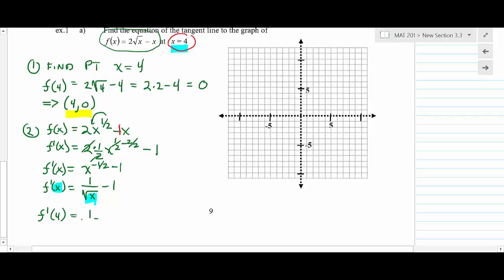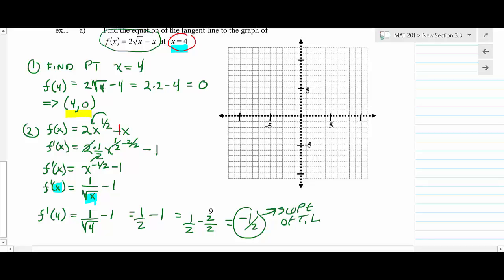So that's going to be 1 over square root of 4 minus 1. So that's 1/2 minus 1. You can get a common denominator, or you can do that in your head. That's 1/2 minus 2/2, so that's negative 1/2. So this is the slope of the tangent line. So I've done the 2 key things I have to know.